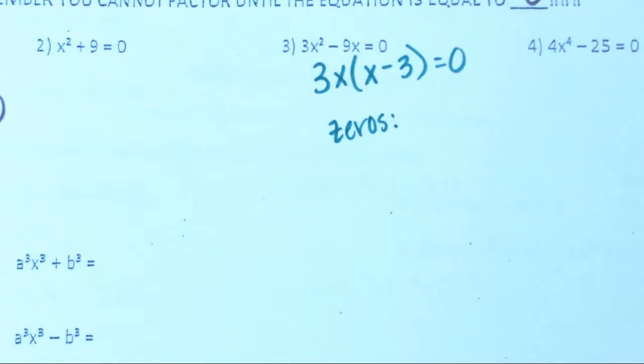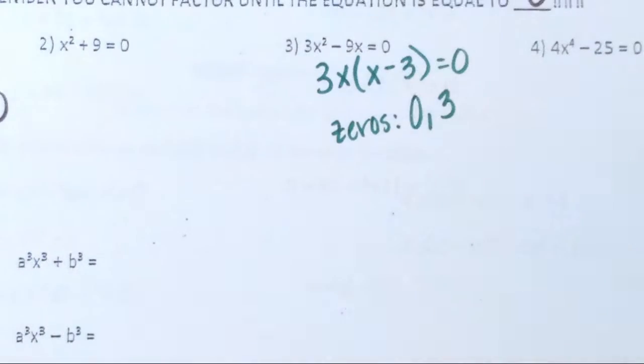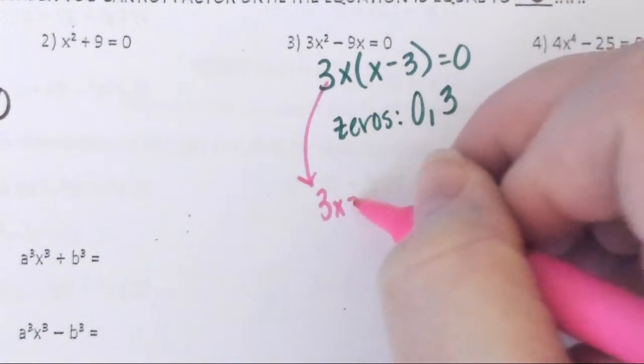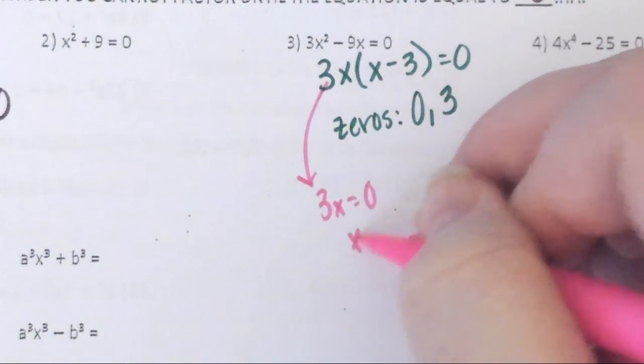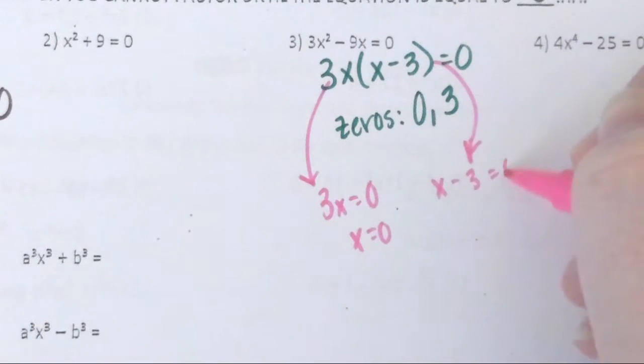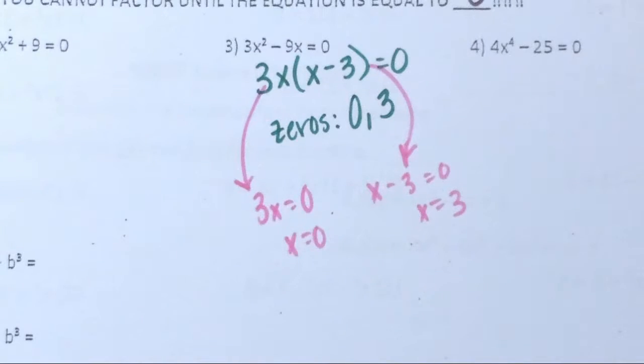No. Again, for the zeros, if you're having trouble with that, all I'm doing is setting each of the terms equal to 0. So if I set 3x equal to 0, I get x equals 0. If I set x minus 3 equal to 0, I get x equals 3. I just tend to do that in my head, so I go ahead and list them.